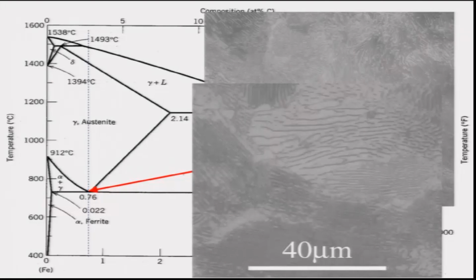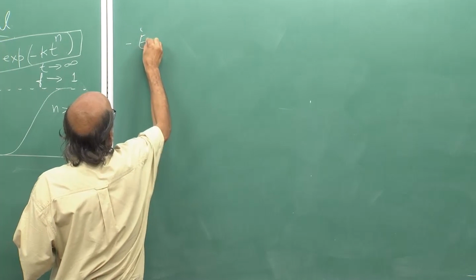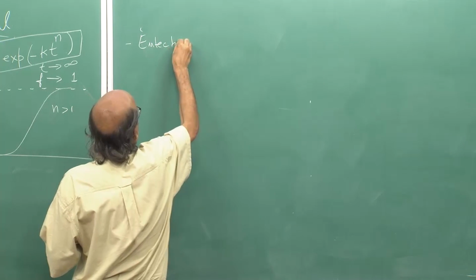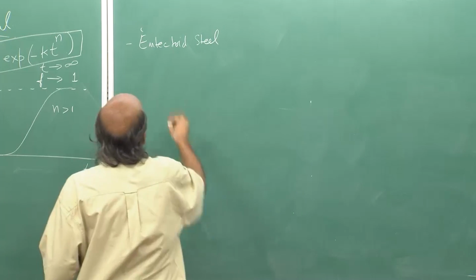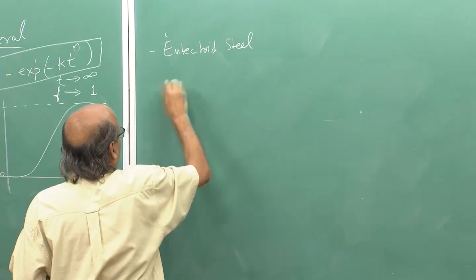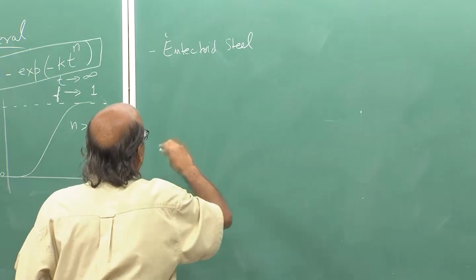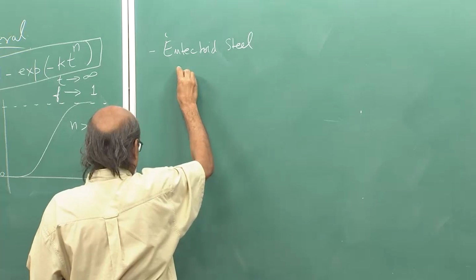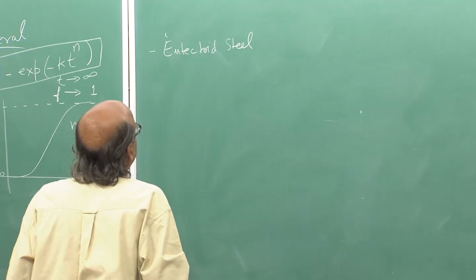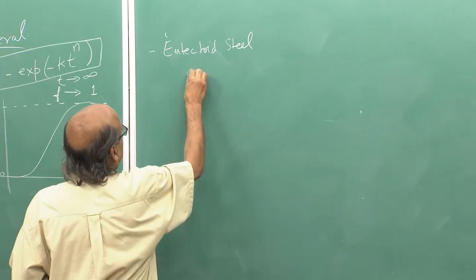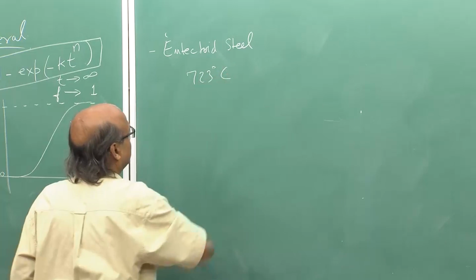And one can design an experiment to experimentally investigate the kinetics of this particular transformation of austenite to pearlite. So, we start with a eutectoid steel, heat it up into the austenitic region as per the phase diagram, and then cool it just below the eutectoid temperature of 723 degrees centigrade.